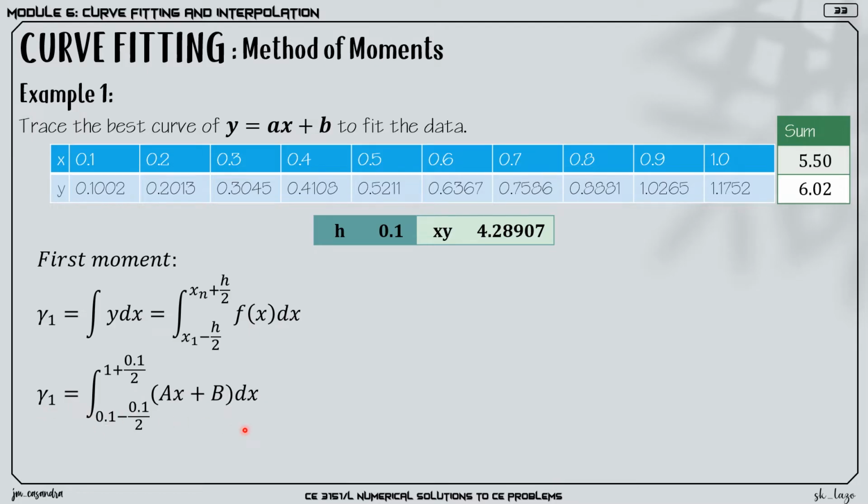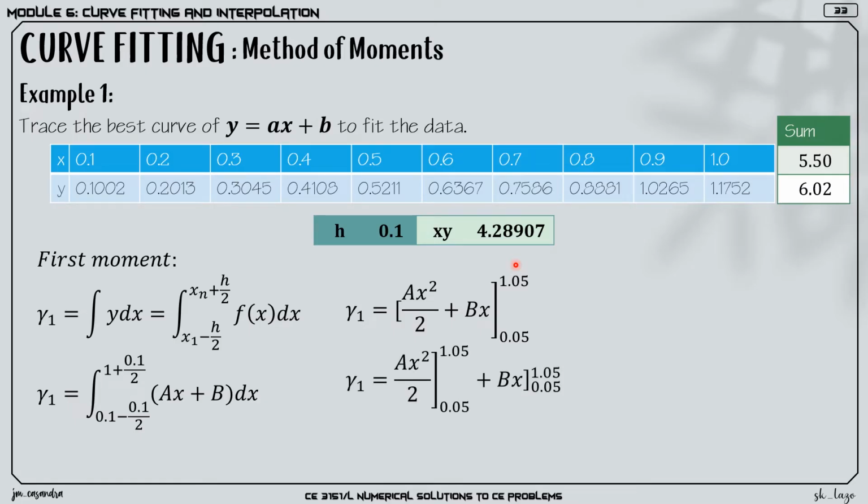So if we're going to continue, gamma sub 1 is equal to the integral, ax squared over 2 plus bx from 0.05 to 1.05. Or that is also equal to ax squared over 2 from 0.05 to 1.05 plus bx from 0.05 to 1.05.